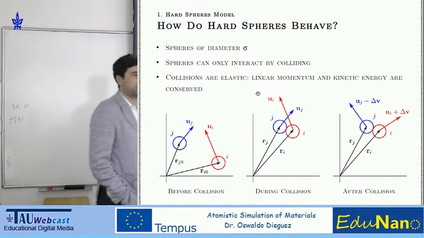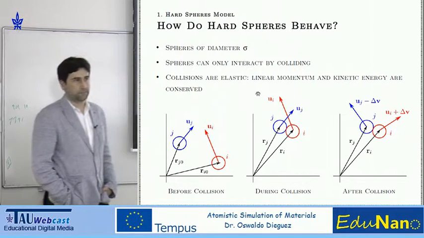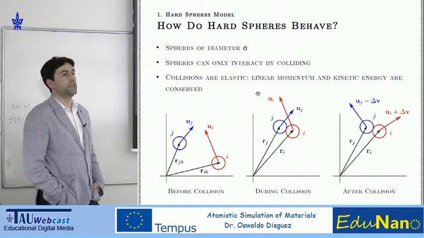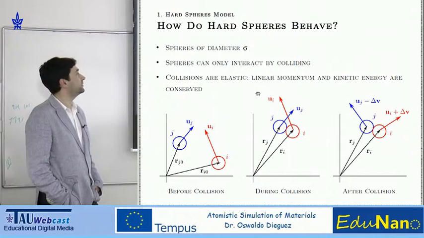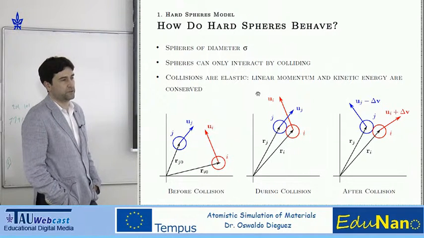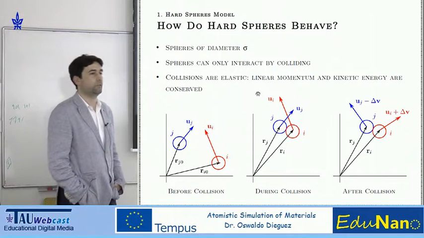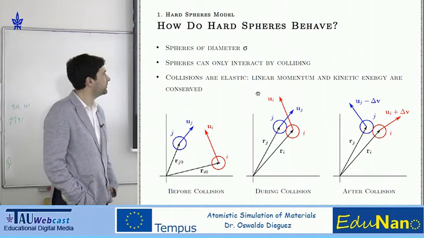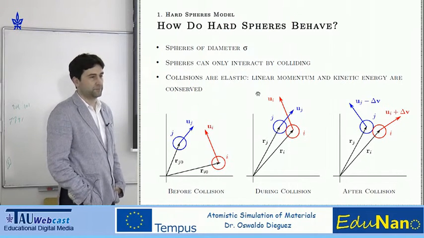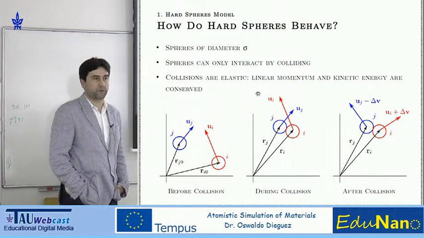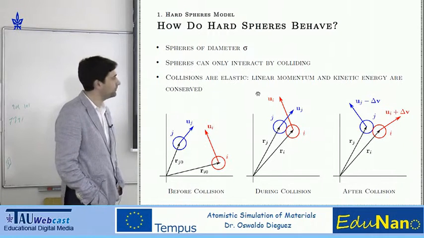These spheres, as we said in the previous lecture, don't attract each other, they don't repel each other, they just move around until they find each other, and then they rebound like two billiard balls, a good rebound. And every time this happens, energy is conserved, and obviously linear momentum is always conserved too.